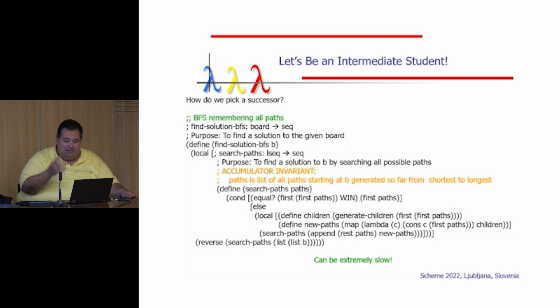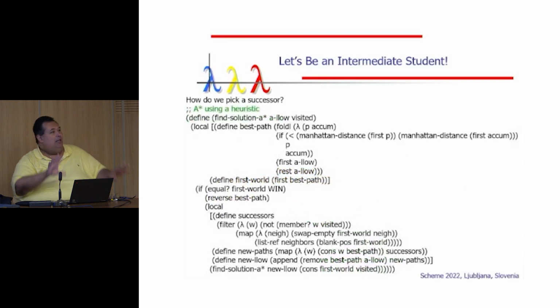So now this is where I take the opportunity to throw a little AI into the first year curriculum. We teach them about A star. We use our heuristic that we were using for depth first search, and now we use it for A star. And what we say is, look, we're going to find the neighbors, but we're not going to create new paths for boards that have already been visited. We're going to only use the unvisited ones.